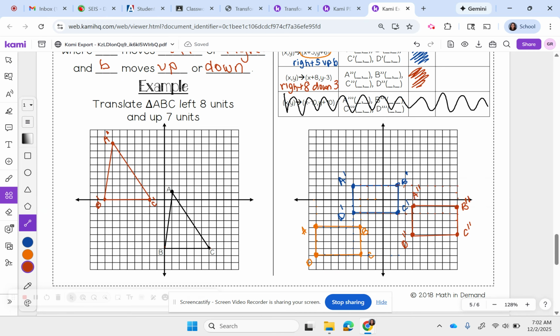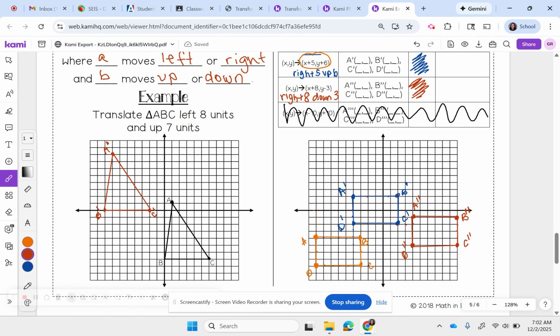I'm just erasing the points that I counted. So we have translated this 3 times and it's differentiating.